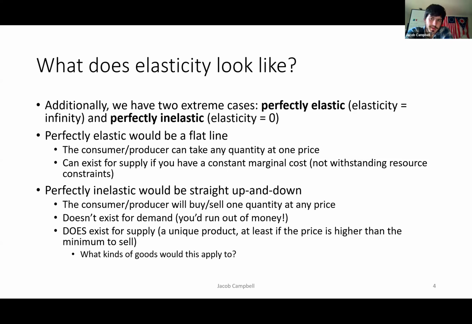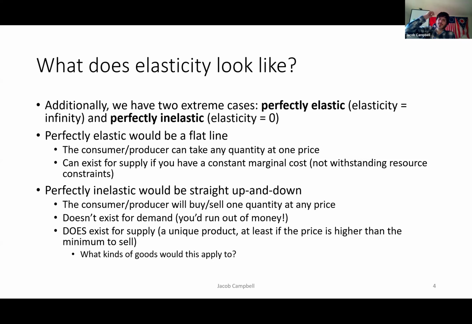Now, the real world interpretation would be like this. If something is perfectly elastic, that means that you are willing to take any quantity at one price. The quantity cannot change in response to the price. I changed the price by a certain percentage. The quantities, it doesn't change.